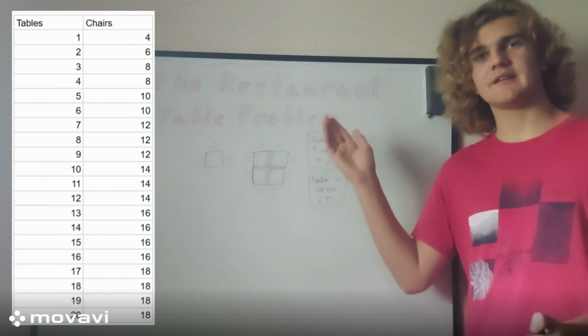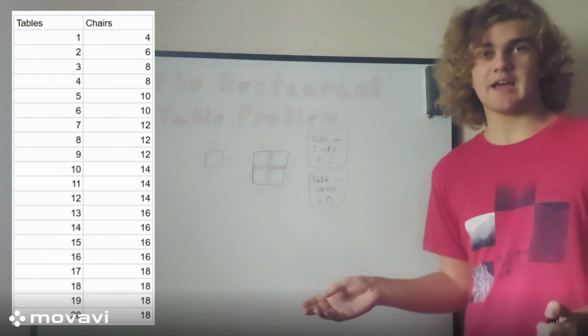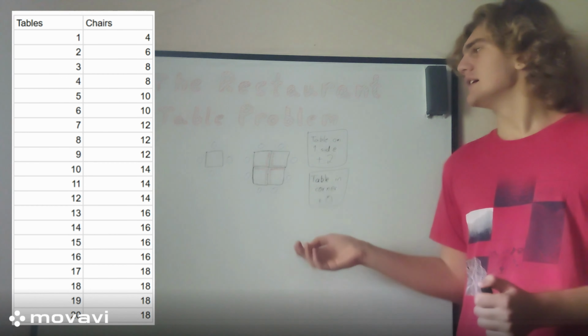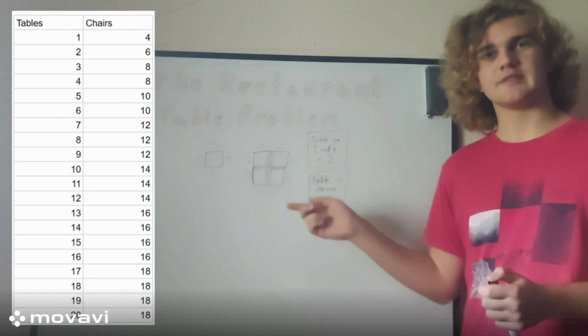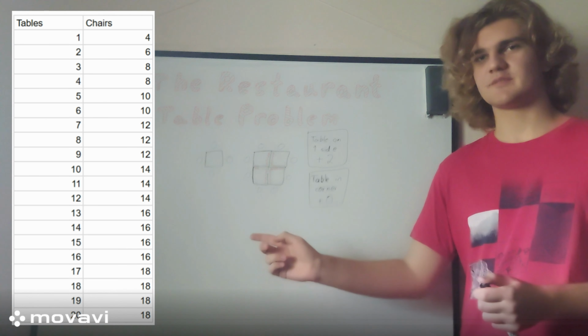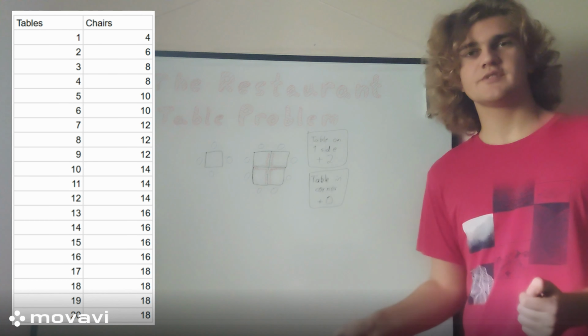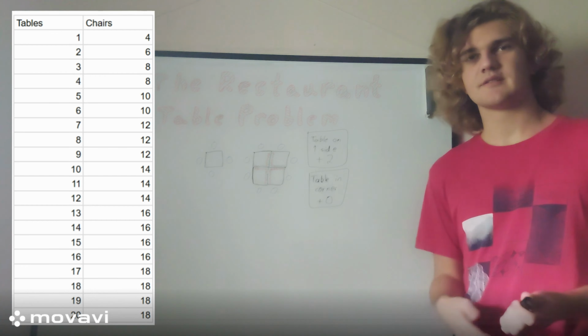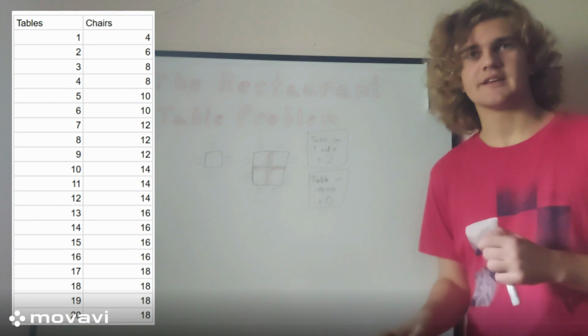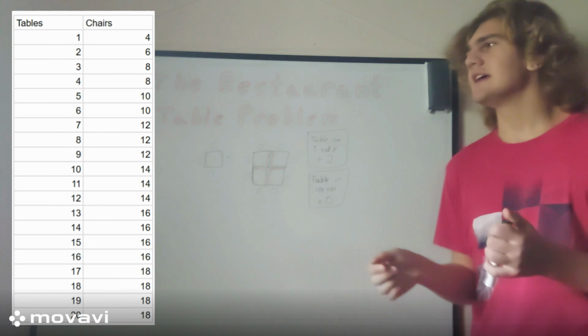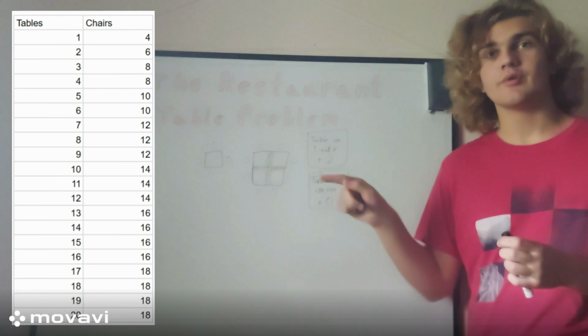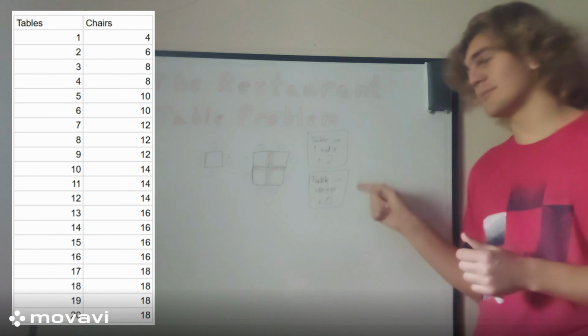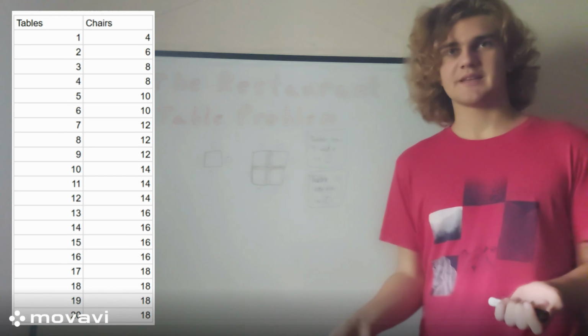Here we can see I made a list of the number of tables and the number of chairs. Now the number of tables follow this pattern and will be continuing spiraling outwards, and then the number of chairs just says how many spaces are available for the chairs. This pattern is very interesting because what we can notice is that every time we're only ever going up by 2 or by 0, just like we said, which makes sense.